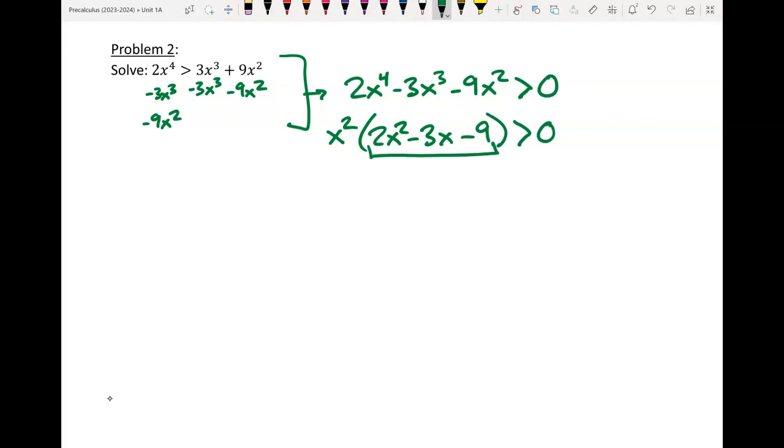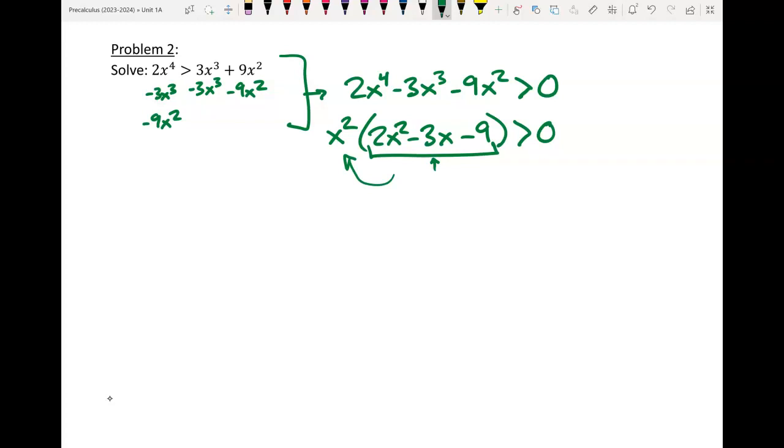If we can't, then we want to use the quadratic formula. Now, if we come out with real zeros, then we have some critical points we can use. If we do not come out with real zeros, if we come out with complex zeros, then we would only get our critical points from this factor over here, the x squared.